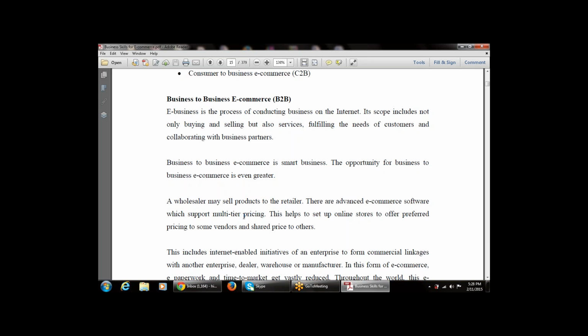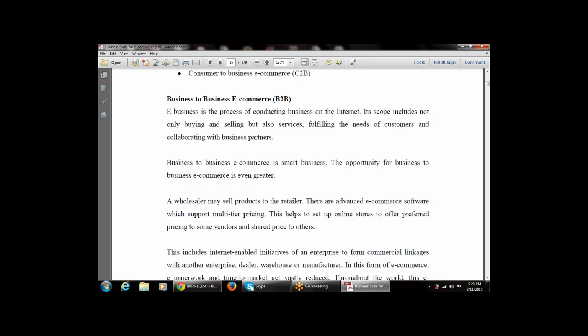This includes the internet-enabled initiatives of an enterprise to form commercial linkages with another enterprise. Whenever we use e-commerce, that also includes internet-enabled initiatives, where one business is related to another with the help of the internet.